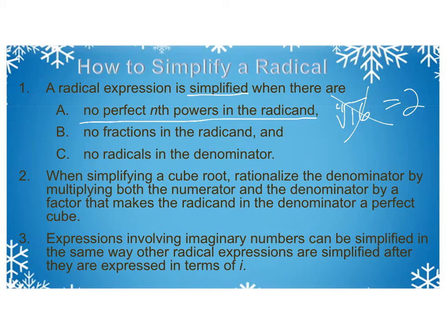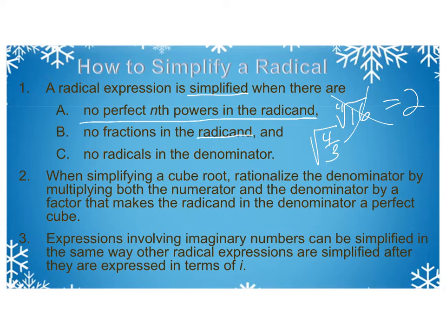No fractions in the radicand. Whoops, I just crossed that out. I didn't mean to do that. There we go. No fractions in the radicand. That means I can't have square root of 4/3. I have to get this rationalized. So that's not going to work.